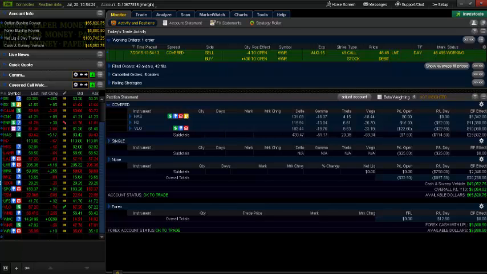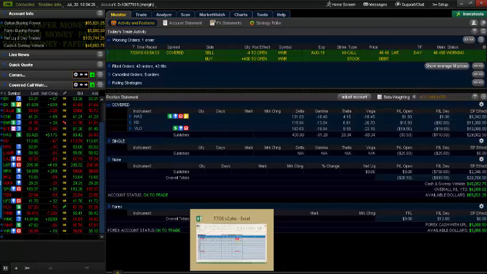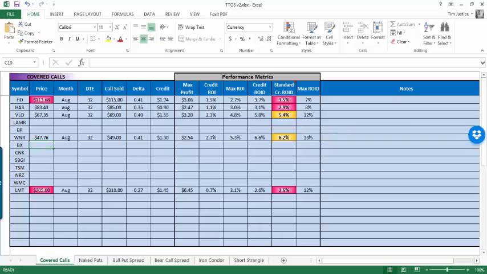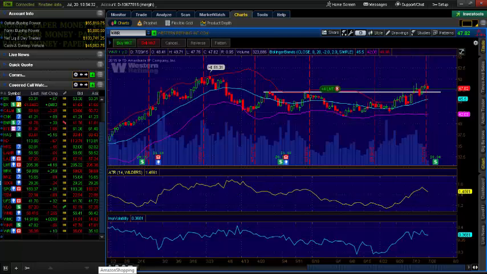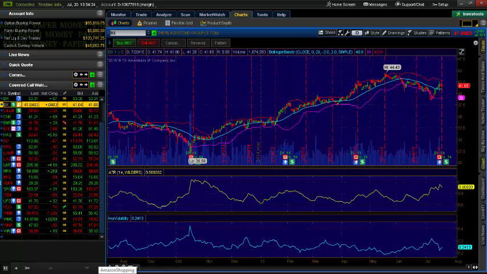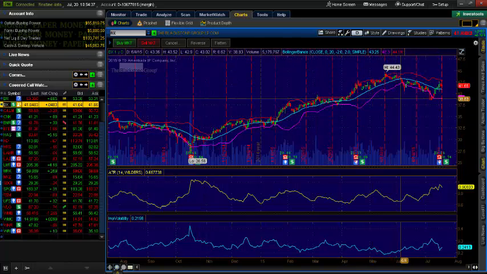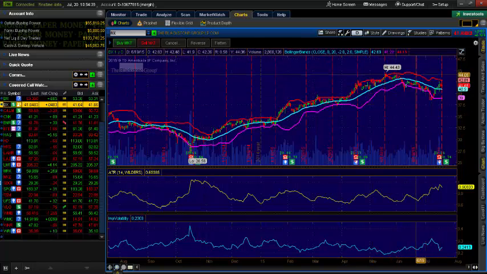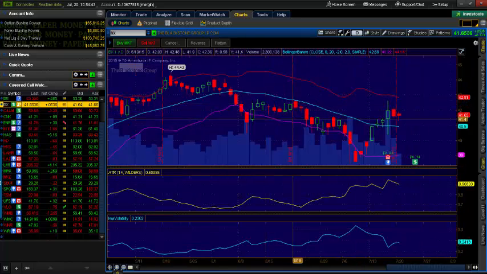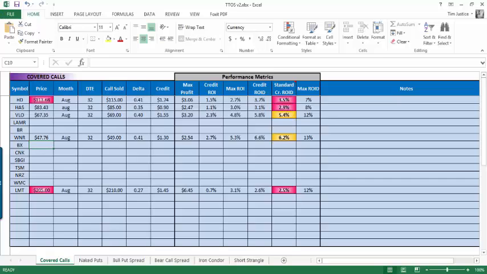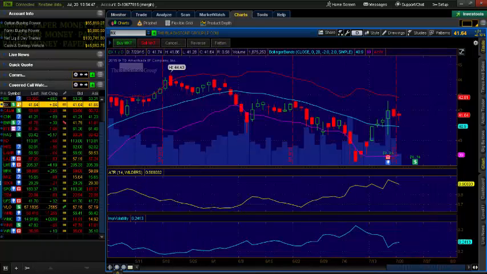Okay, let's go on to the next one, BX. Uptrend, lower high, lower high, lower low. Here we are. Probably the pressure in that trend I'd be concerned about. So I'm going to skip that one, move past it. CNK. Neutral.